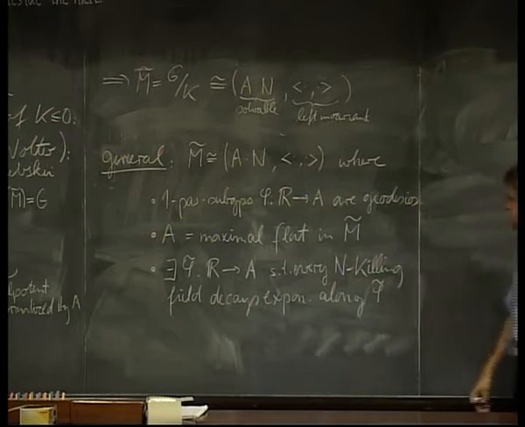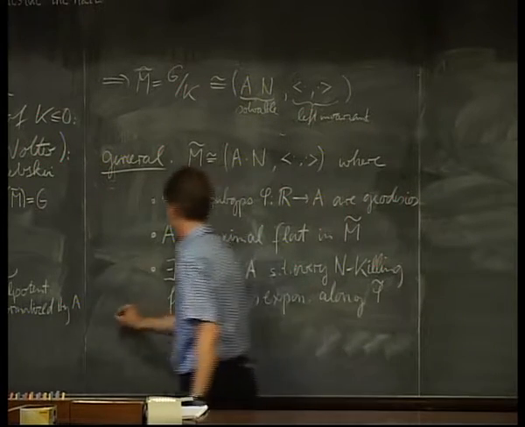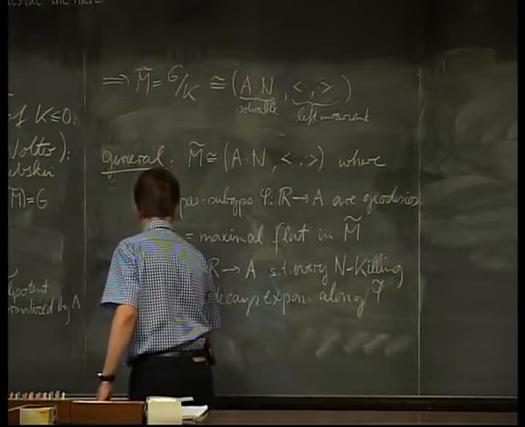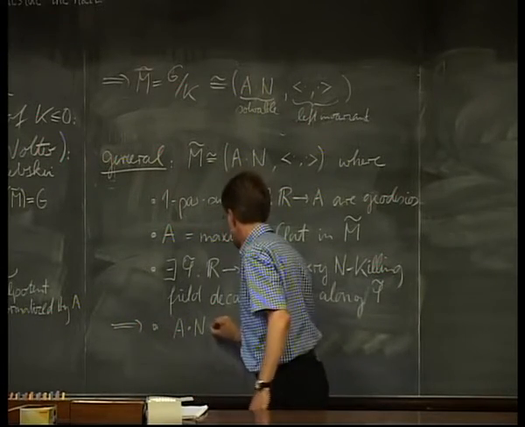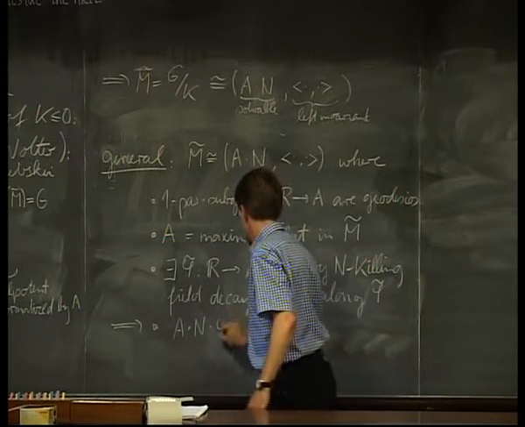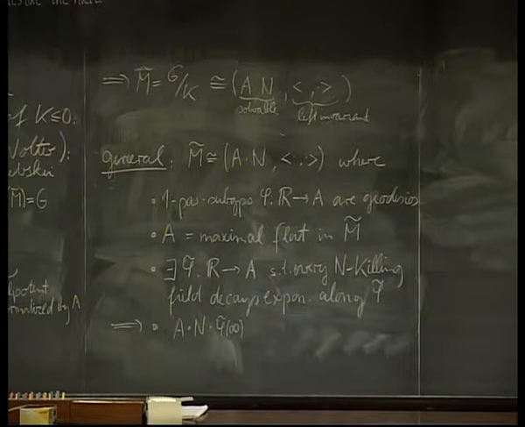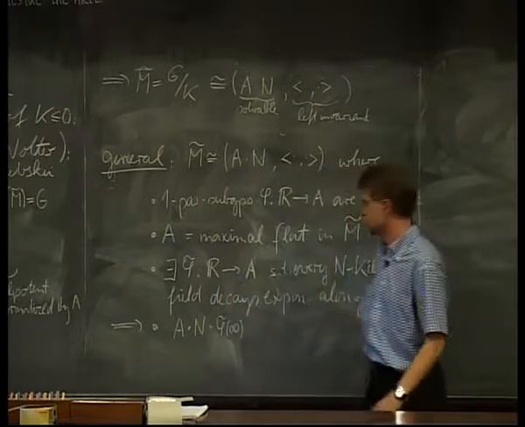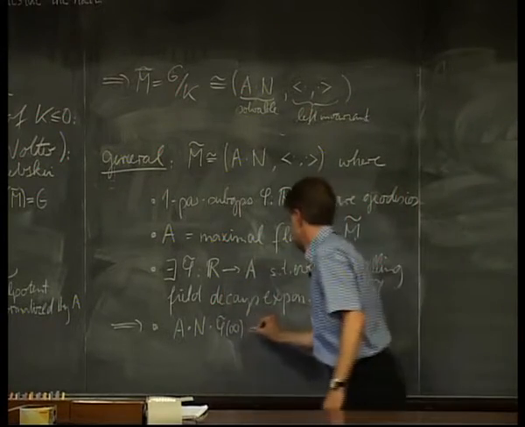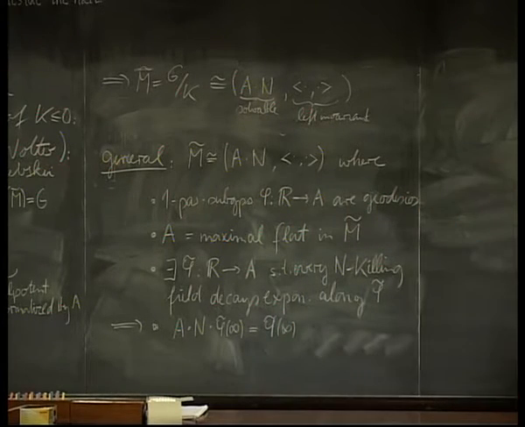Now N Killing fields get smaller and smaller, and from this one can conclude that the group A times N actually fixes the corresponding point at infinity, so the point of all equivalence classes of asymptotic rays which are asymptotic to phi tilde. So this group fixes phi tilde of infinity.